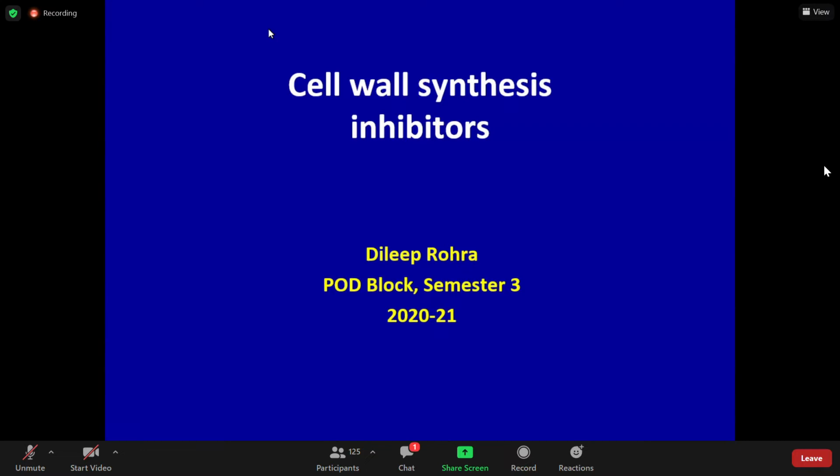The reason is we target the structures and functions in the prokaryotes which are not present in human cells. So the effect will be on those structures which are only in the prokaryotes, and the human cells will be spared. This is the concept behind selective toxicity: toxic to a particular organism, but non-toxic to the other organism.